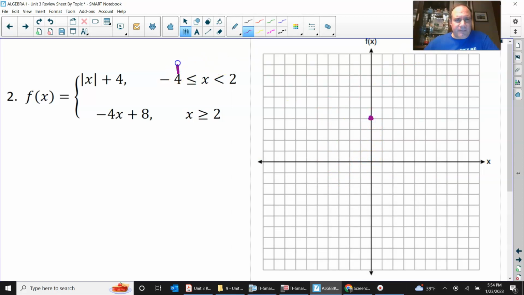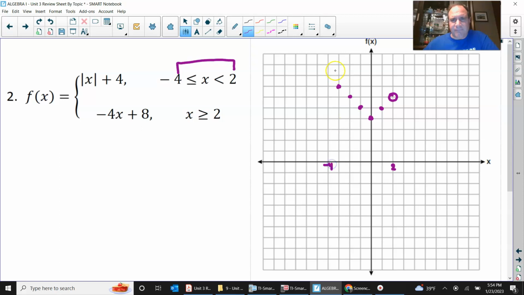But we only have to be concerned about the graph where x is greater than or equal to negative 4 and x is less than 2. All right, so here's the 2. I'm going to put an open circle because it is just a less than symbol. And then I'm going to go like this, and that is x of negative 3.